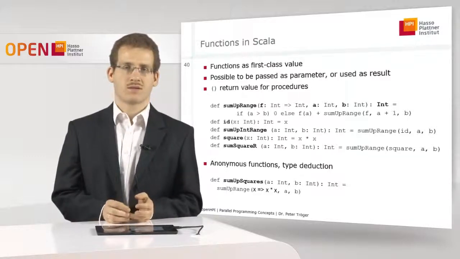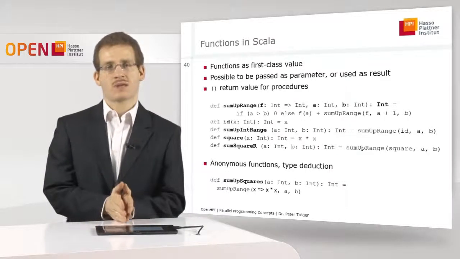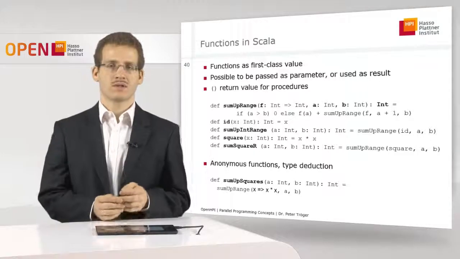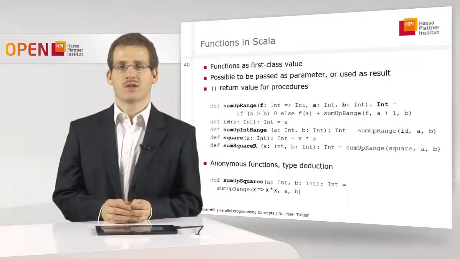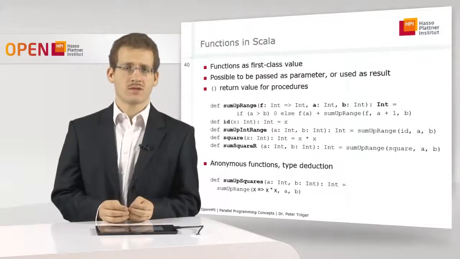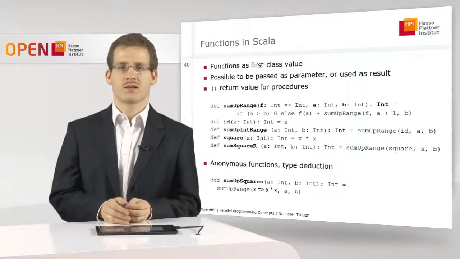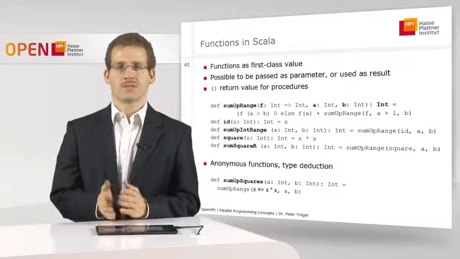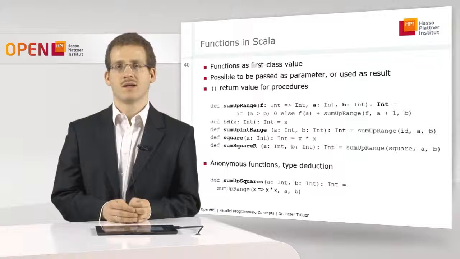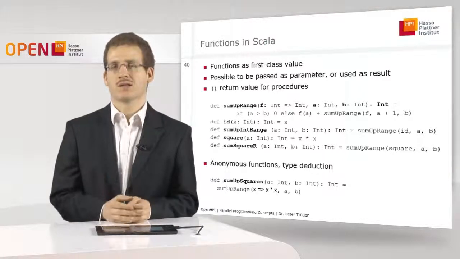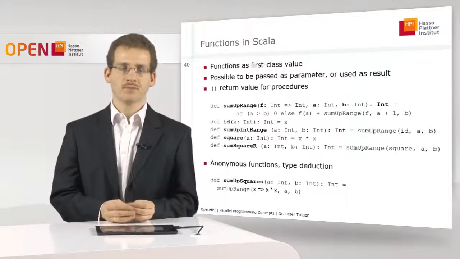This is done by defining a square function and handing in this square function as part of the higher order function call. So here you see a nice implementation of this functional programming paradigm, which allows the sumUpRange functionality to now do any kind of optimization. For example, sumUpRange could now decide to split up the work into different tasks and spawn them on different processing elements so that some kind of parallelization takes place that hopefully speeds up the overall computation of the range sum.